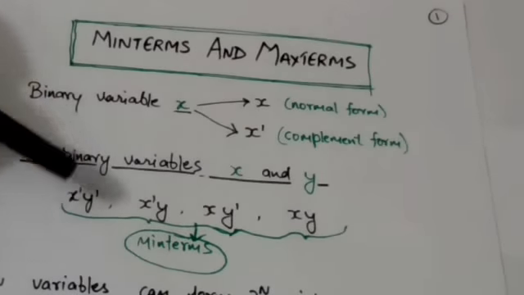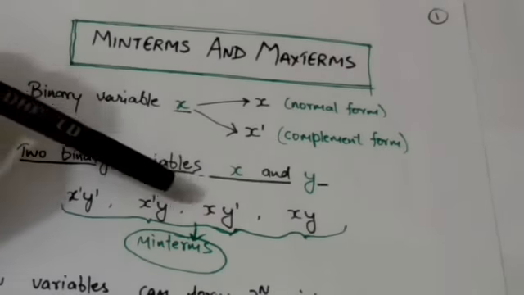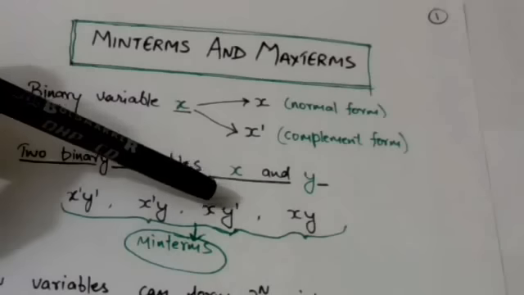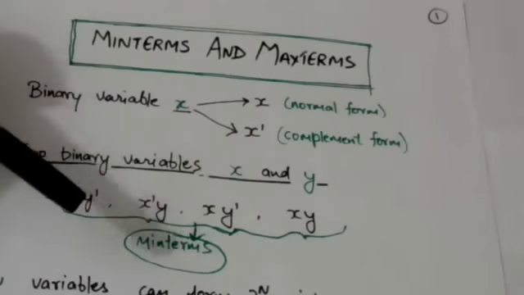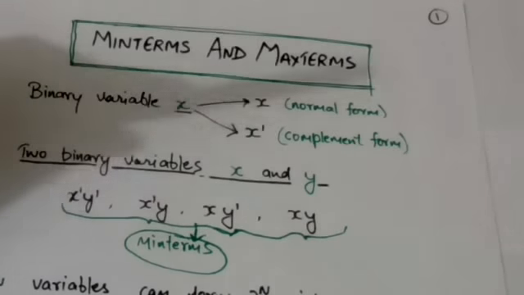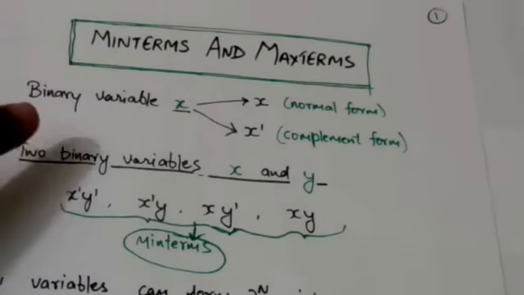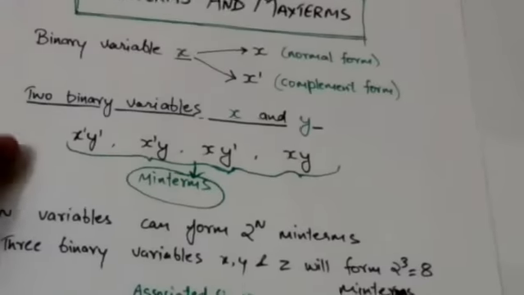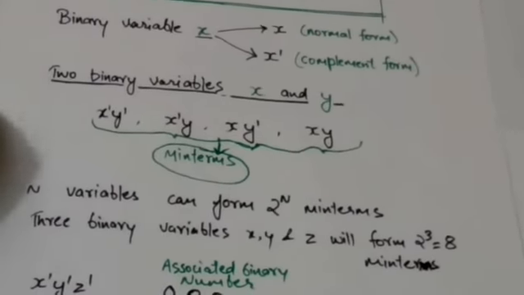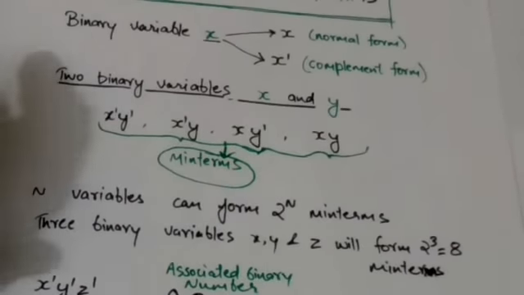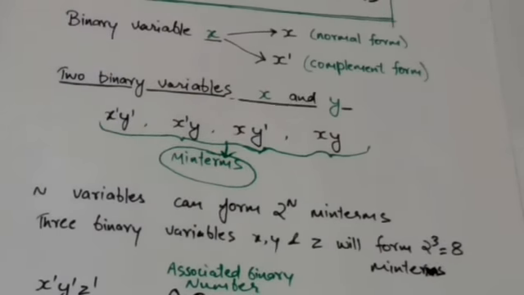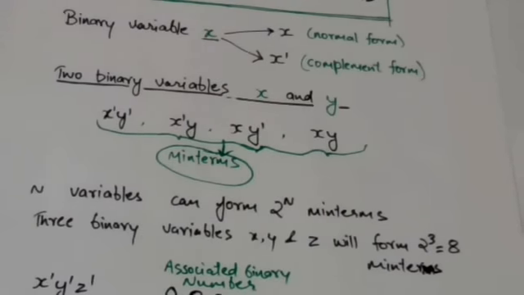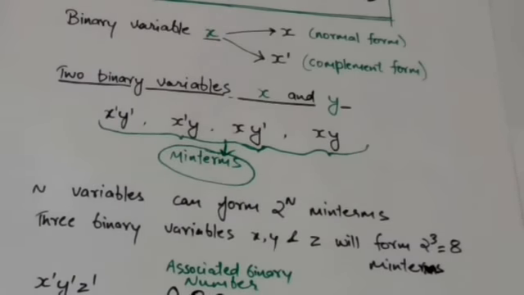First is x naught and y naught, second is x naught and y, third is x and y naught, fourth is x and y. All these AND terms are called minterms. Now if there are n binary variables, then we can form 2 raised to power n different minterms by these n variables.